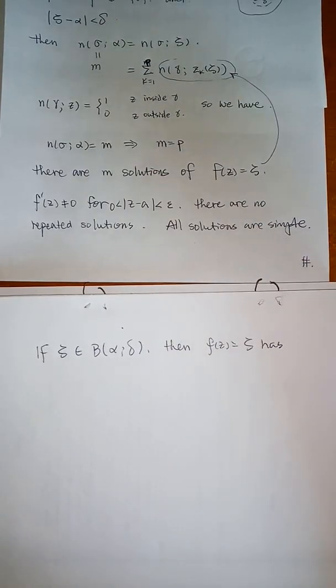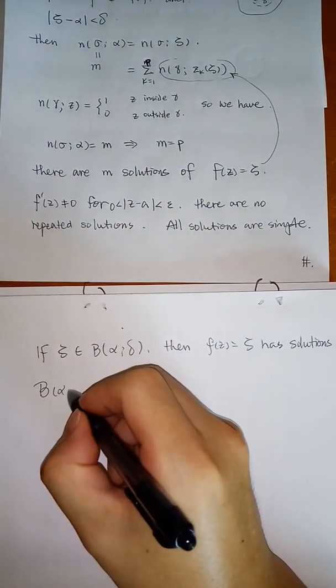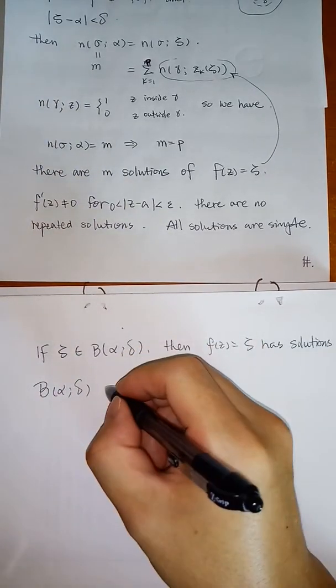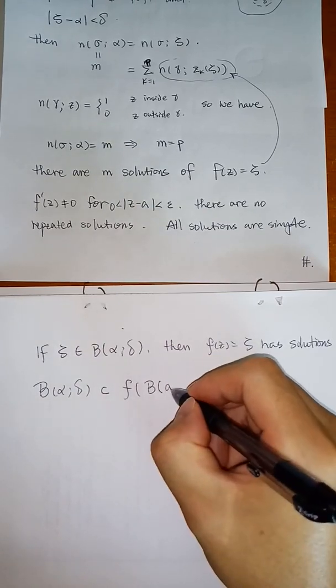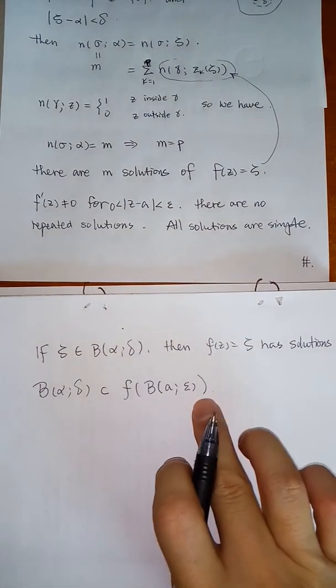We don't emphasize the numbers. So it means the ball centered at alpha with radius delta is inside the image of the ball centered at A with radius epsilon. Right?